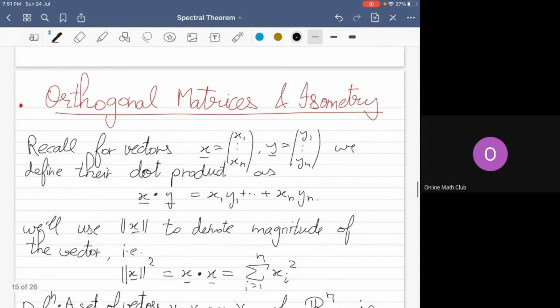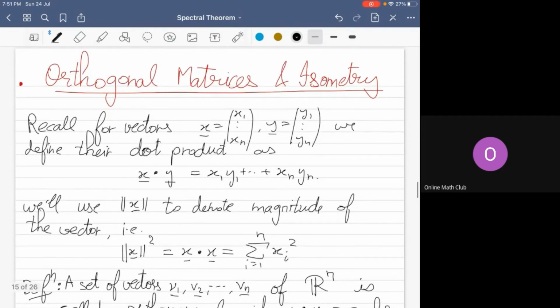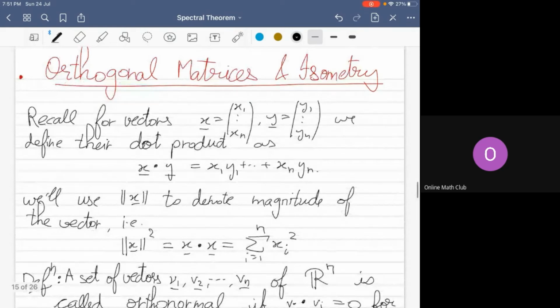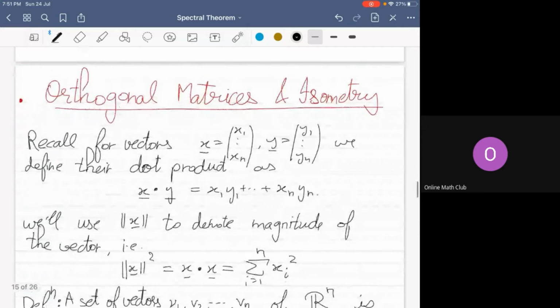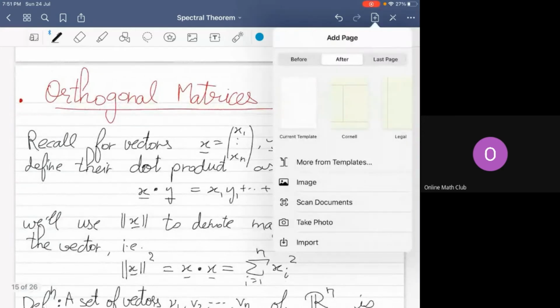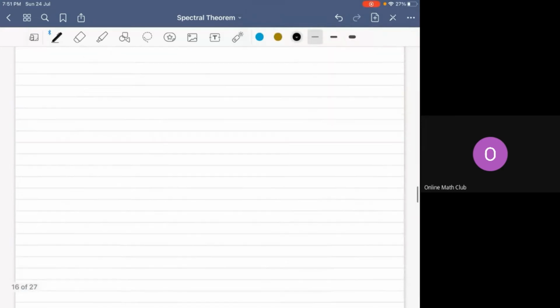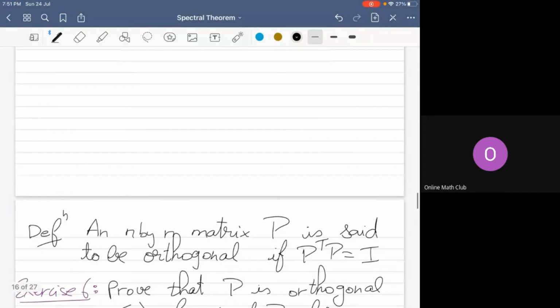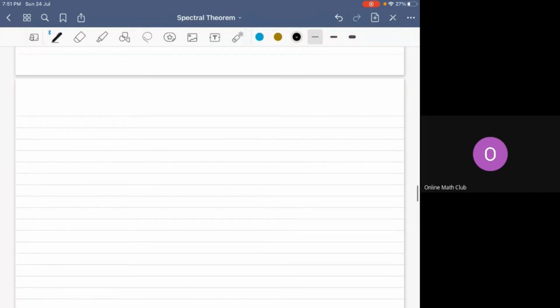Now, before coming to conics, we'll need one more thing. That is orthogonal matrices and isometry. So let me try to motivate this. The motivation for isometry would be to rigorize congruency.